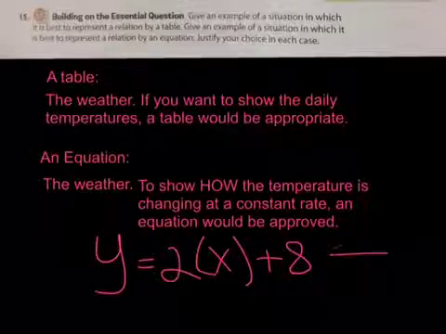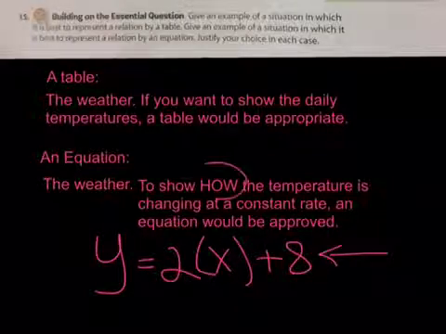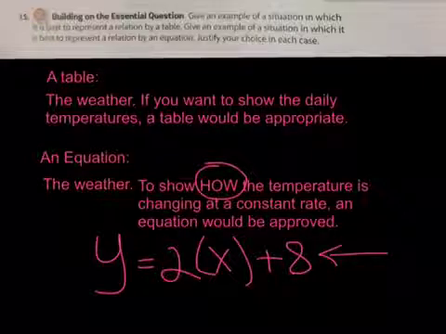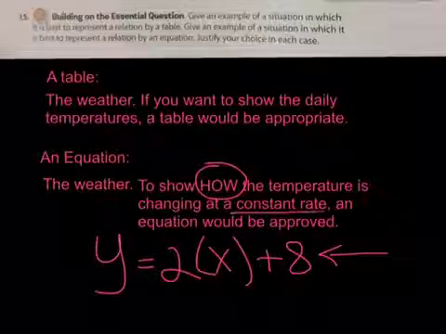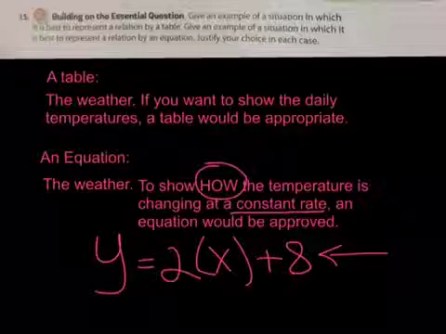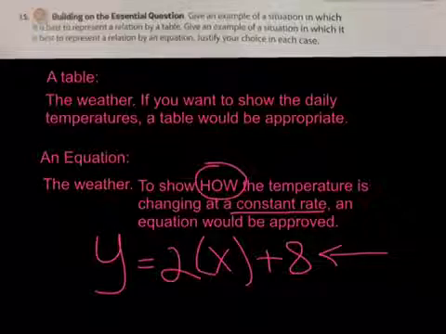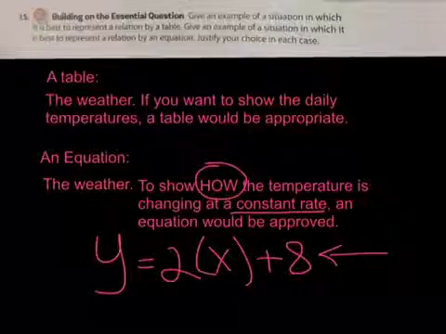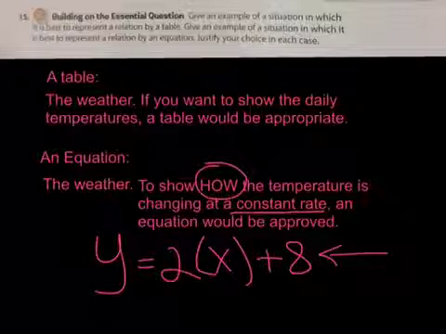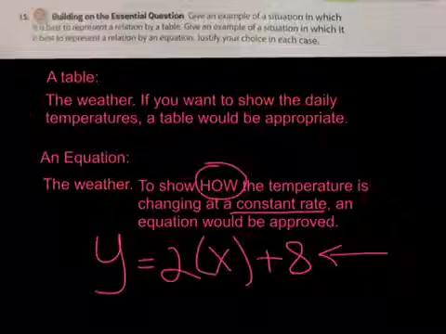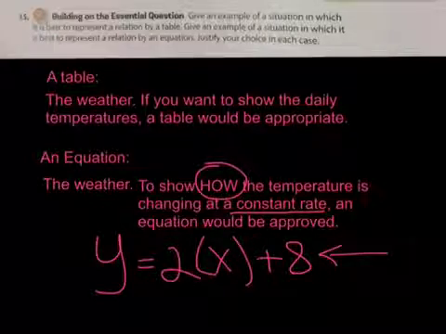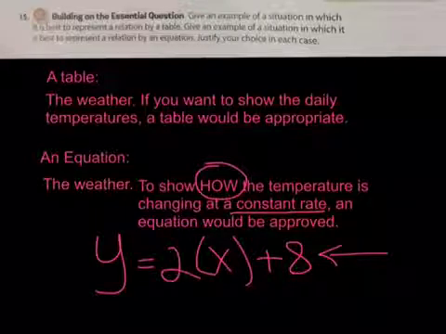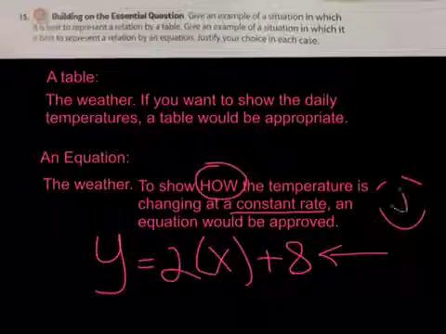An equation like this explains how something is changing at a constant rate, because it's always going to be constant, not necessarily proportional, but definitely constant. Okay, go ahead and let's make this one final key answer, as we have right there for now.